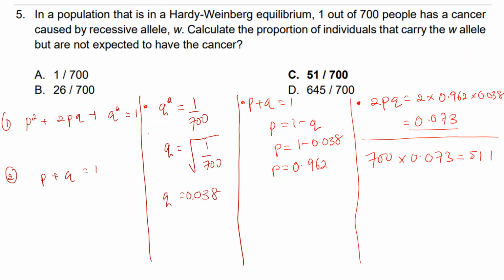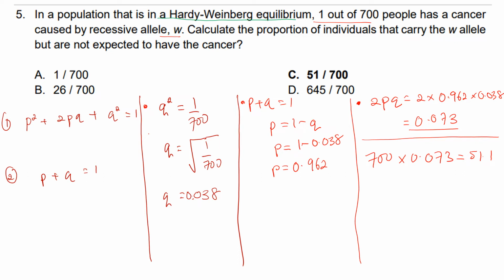Question 5. In a population that is in Hardy-Weinberg equilibrium, 1 out of 700 people has a cancer caused by a recessive allele, small w. Calculate the proportion of individuals that carry the W allele but are not expected to have the cancer.